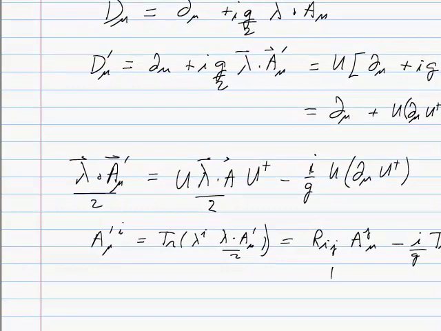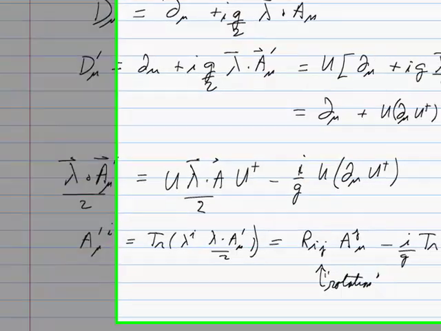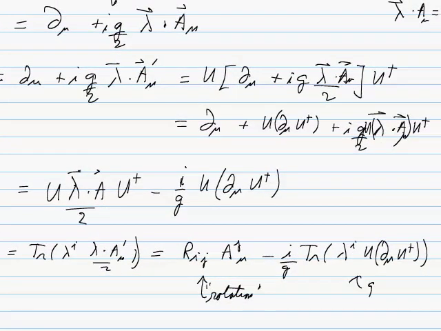So this is the sort of rotation invariance. These fields rotate among themselves. The second piece is the gauge change.